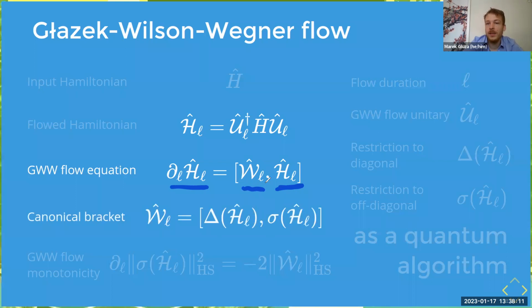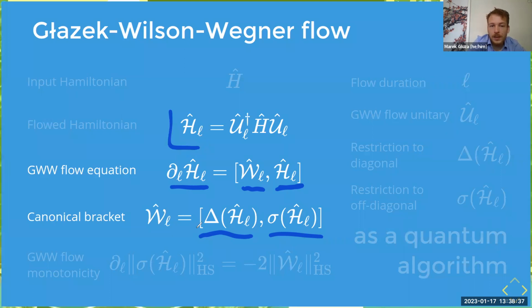The difference from the Heisenberg equation is that it's a nonlinear evolution equation. It's a nonlinear prescription for the unitary, because at every stage the tangential direction to our unitary flow depends on the position where we are during this rotation of the flowed Hamiltonian.